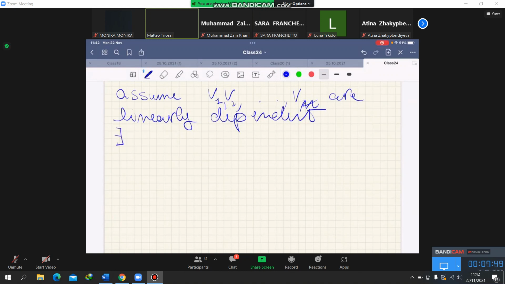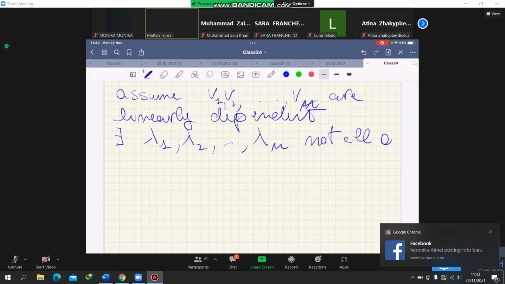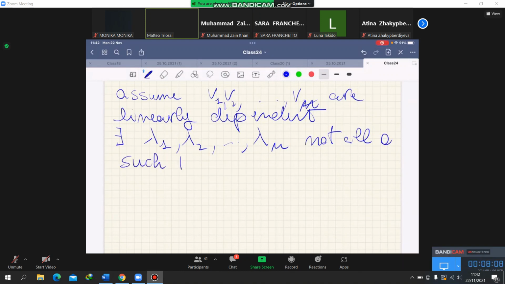So there exist lambda 1, lambda 2, lambda n, not all zero, such that lambda 1 v1 plus lambda 2 v2 plus lambda n vn equals 0.